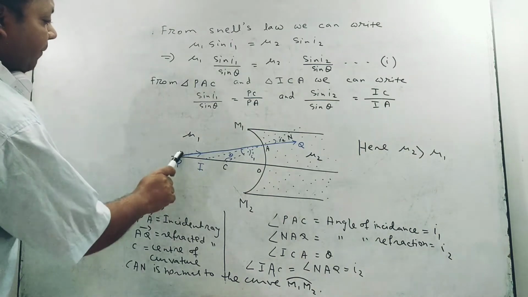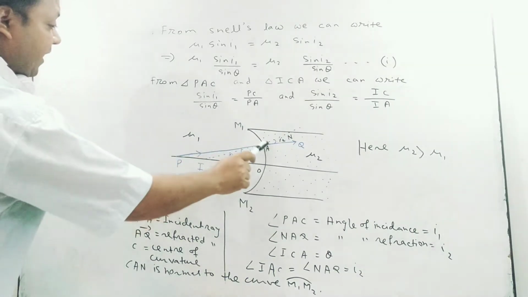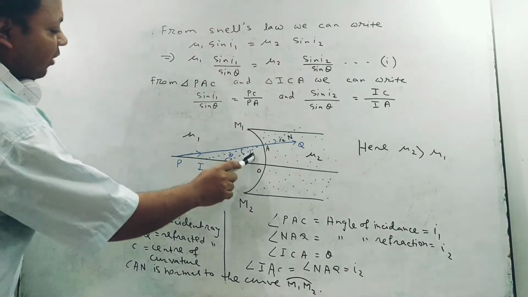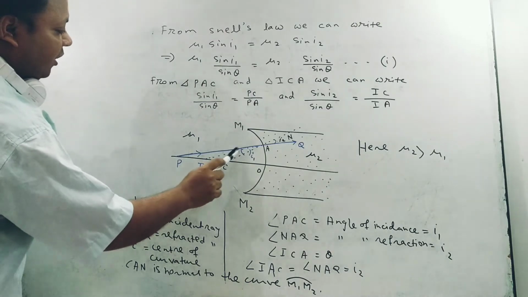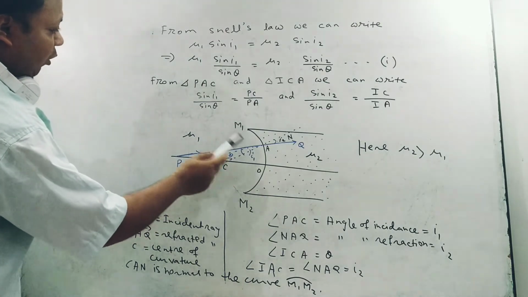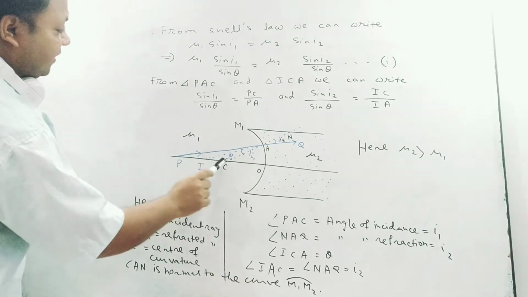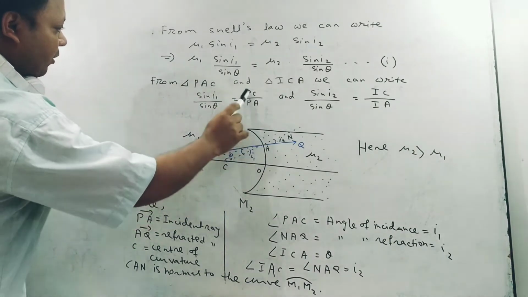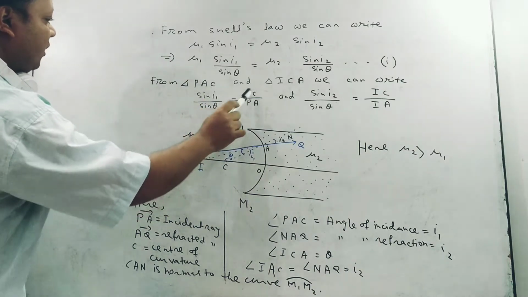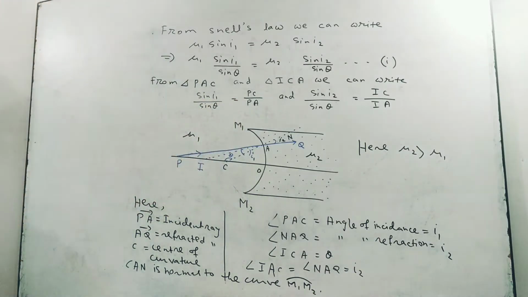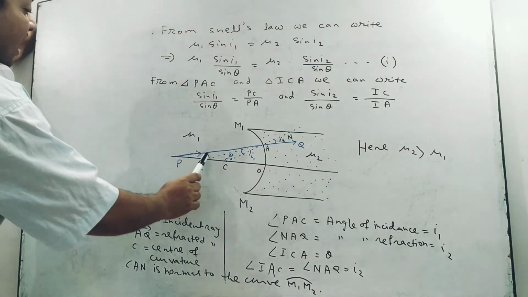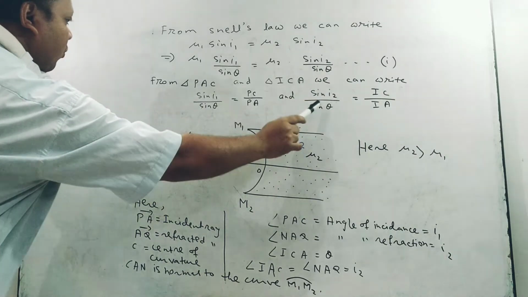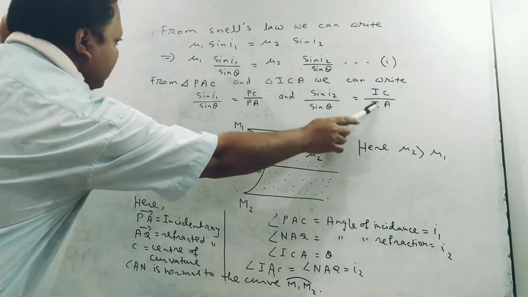Now, from triangle PAC, from Lami's theorem, sine I1 by sine theta is equal to the opposite side of I1, which is PC, by the opposite side of theta, which is PA. Therefore sine I1 by sine theta is equal to PC by PA. And from triangle ICA, sine I2 by sine theta is equal to IC by IA.